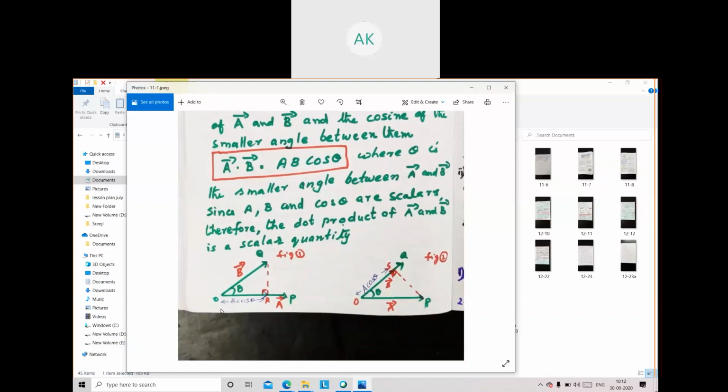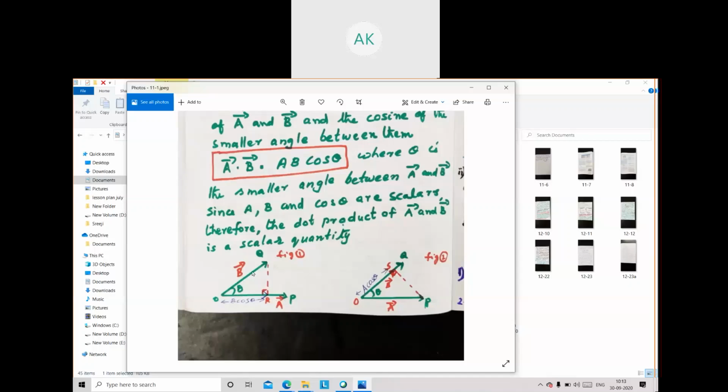So we have two vectors, vector A and vector B, and the smaller angle between them, as opposed to the bigger angle. We need only the smaller angle. The vectors A and B may be different quantities, for example force, displacement, and the angle between them is theta.